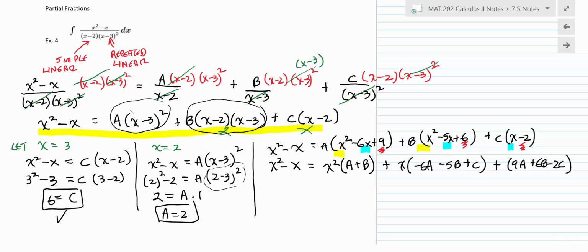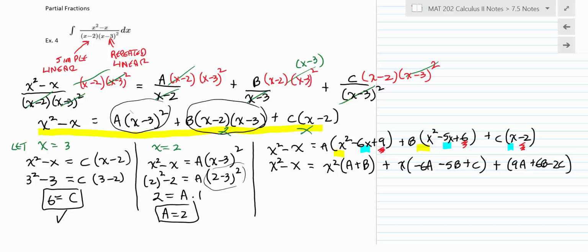So all I'm doing is, okay, that's x squared times a plus b. This is minus 6a minus 5b, and then c, and then I've taken the x out. You guys see what I'm doing on that? Okay, if you can't do that in your head, just take the time to multiply all that stuff out and then regroup everything like that. Okay?